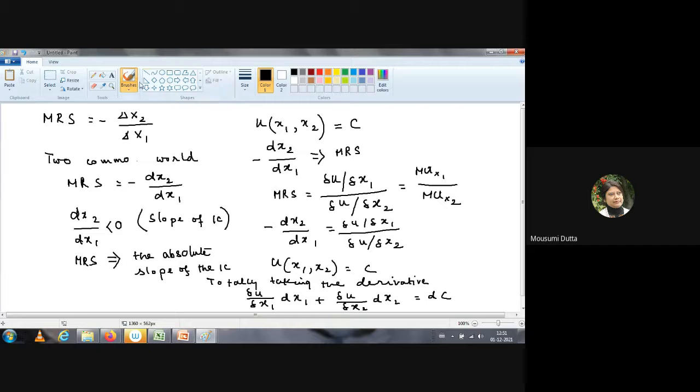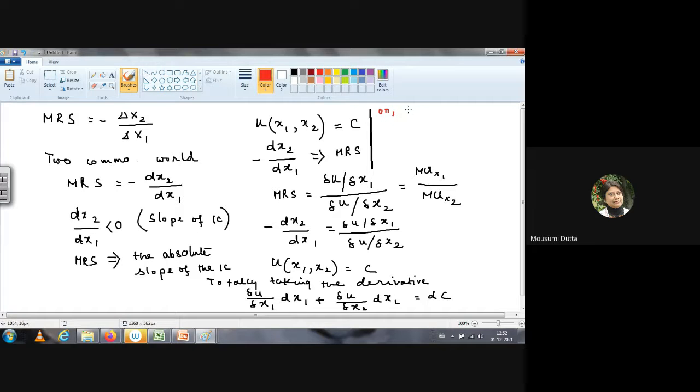Okay, then I'm coming here. And from this, are we getting dc? C is a constant. So right hand side will be a constant. Okay.